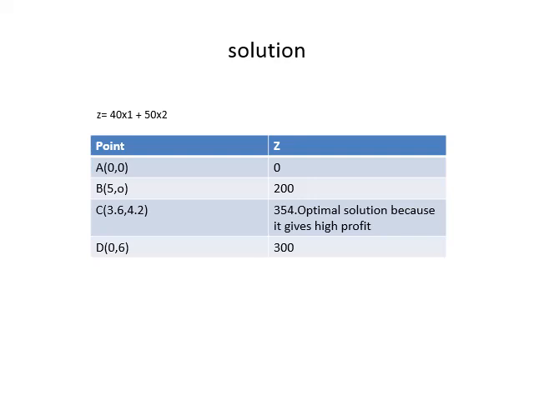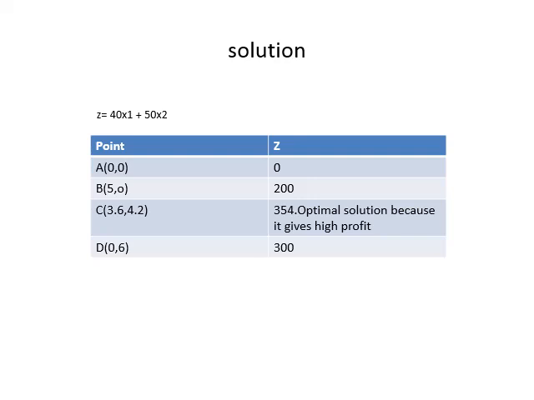Given the objective function z equal 40x1 plus 50x2, let's substitute the coordinates of each point.